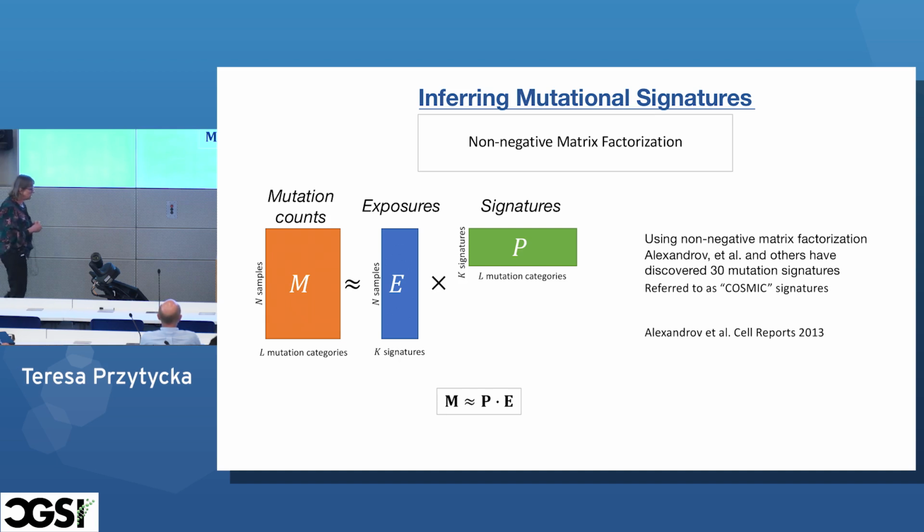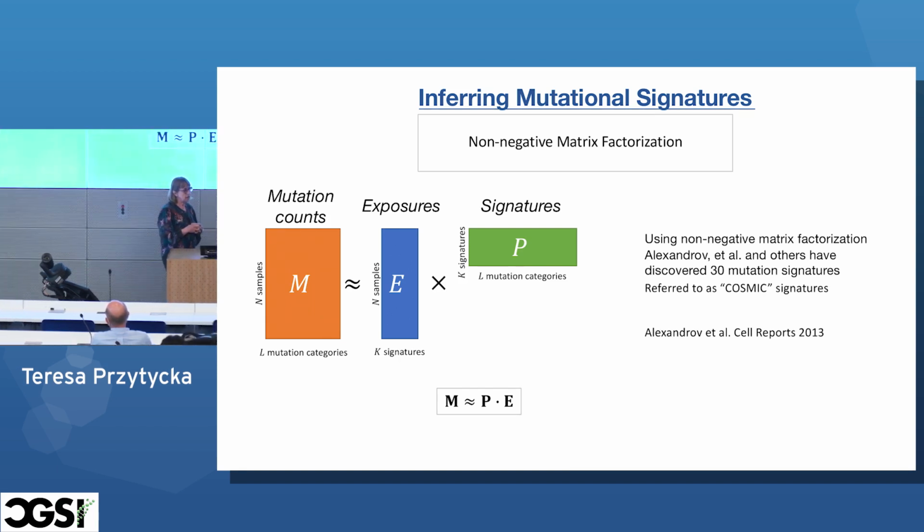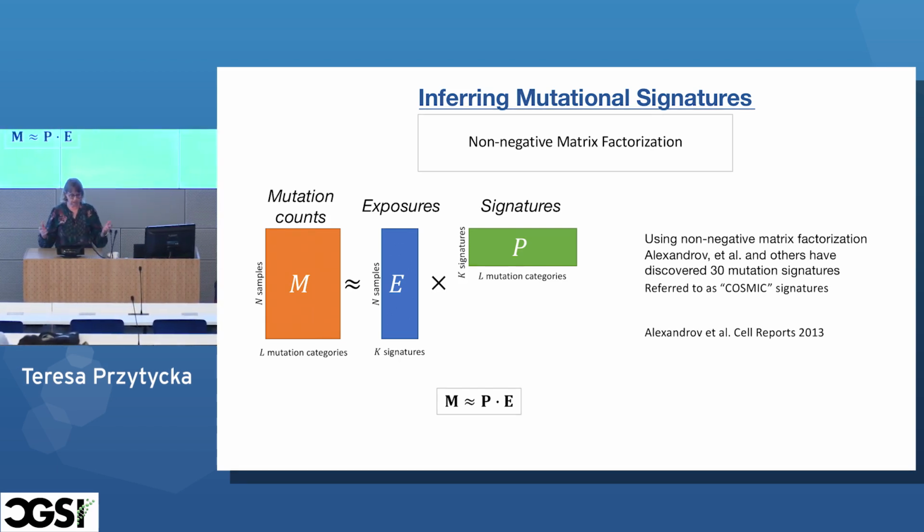And exposure is actually a good name because it has been shown for at least some examples where we understand what the relation with the environment is. For example, for the signature known to be related with smoking, the exposure is indeed related with how much a given person smoked. So we interpret this as an exposure to a given mutagen.